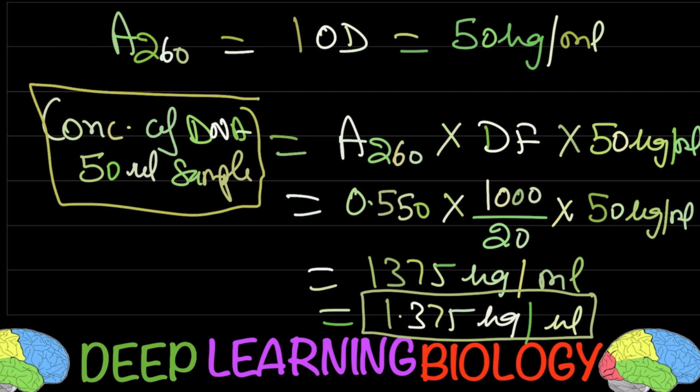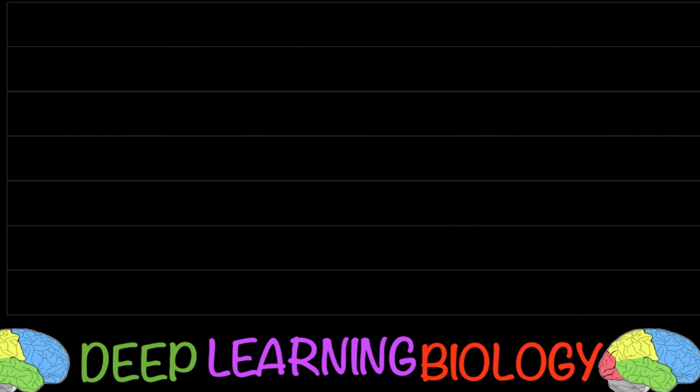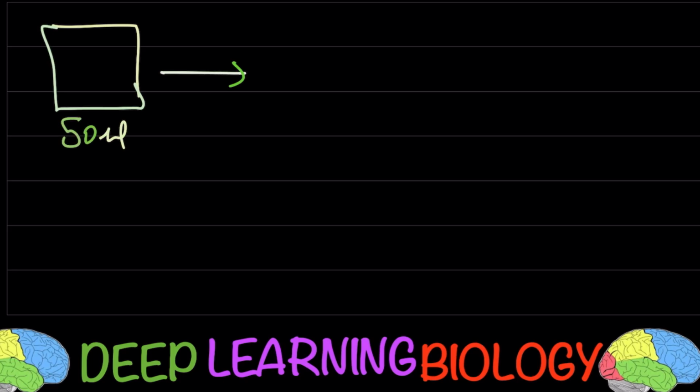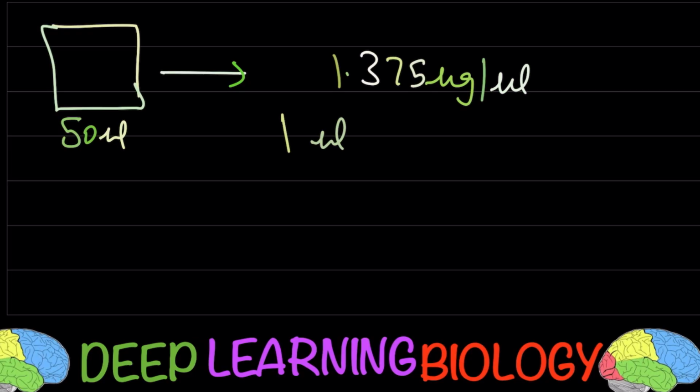In the stock, the 50 microliter sample, the concentration was 1.375 microgram per microliter. Means 1 microliter of this sample has 1.375 microgram double stranded DNA.